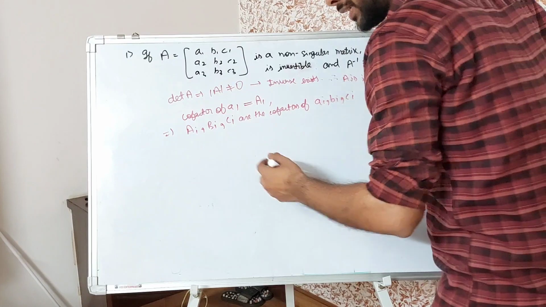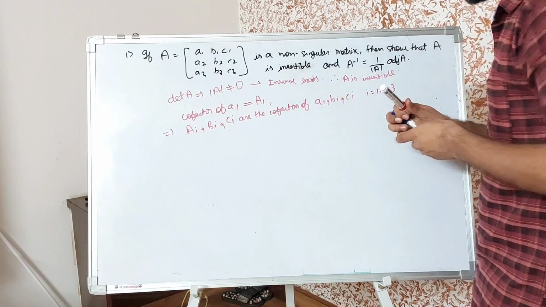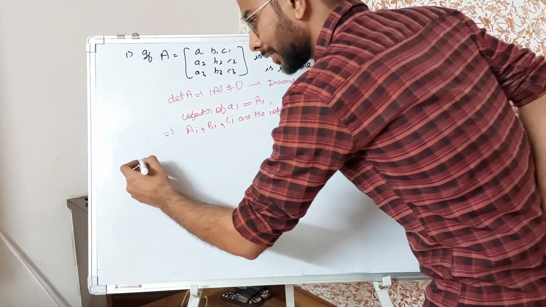Now we know what adjoint of A actually is. The adjoint of A formula is clear to everyone, I guess.